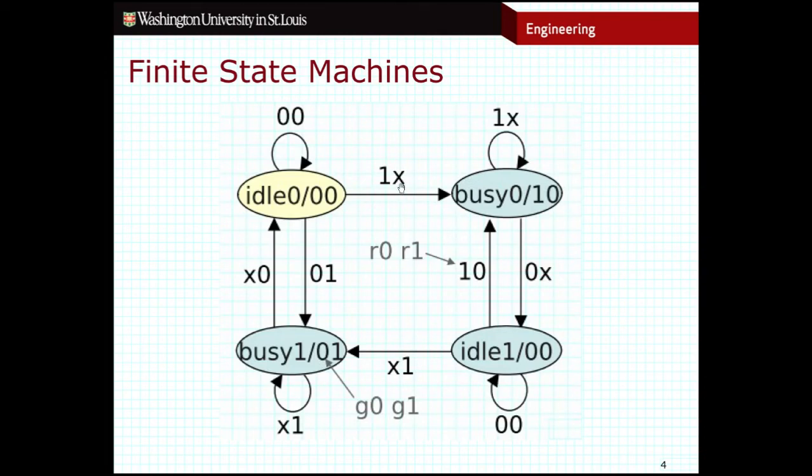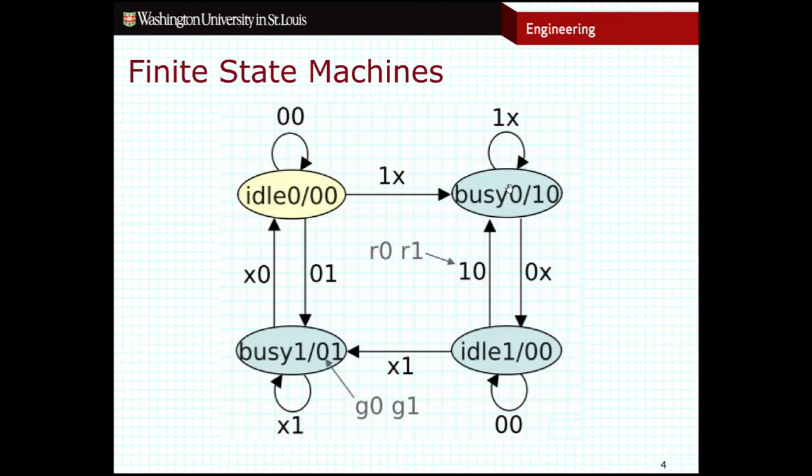Now, one of the inputs here in this particular transition, right at the top, is an X. And that means that we do not care what the value of that bit is. So that means that if process 0 requests access to the disk, then it does not matter if process 1 is also trying to request access to the disk.